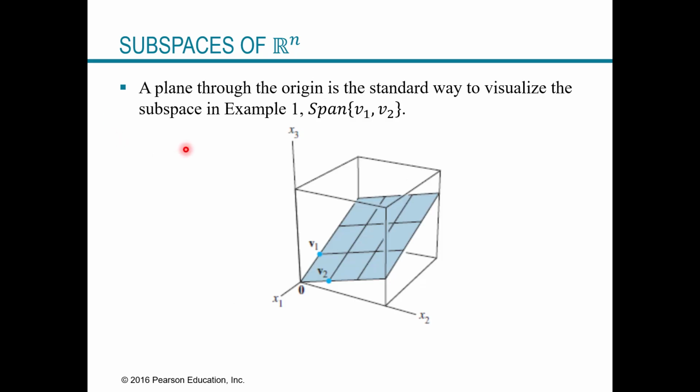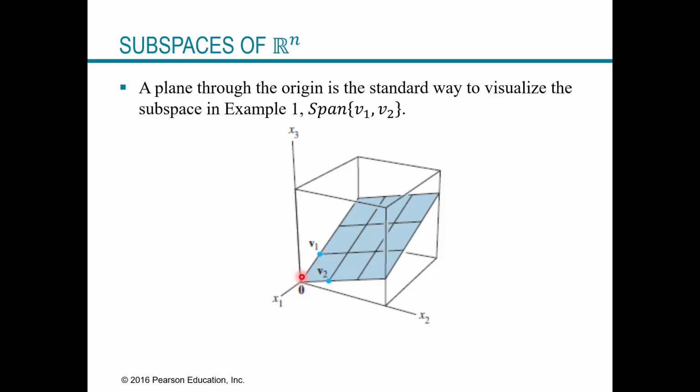We talked about the span in the past, but the example we just talked about is a way to visualize that subspace for two vectors. It just looks like this plane in two dimensions. Any linear combination of v1 and v2. Let me just mention how you can get combinations.